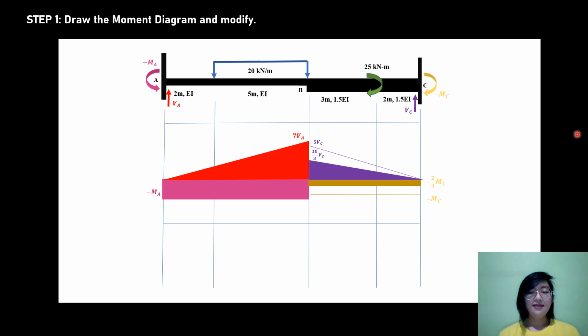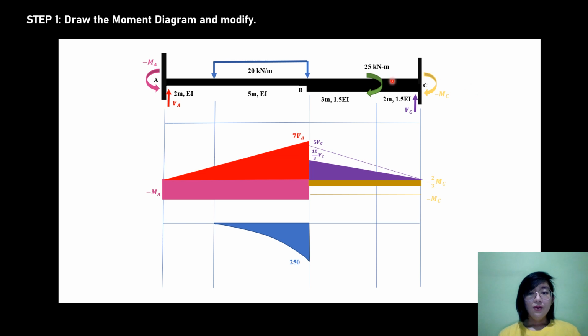Next is yung rectangular load naman natin, this one, the 20 kilonewton per meter rectangular load. So, there. Nakuha natin to na 1/2 times 20 times 5 equals 100. So, sa shear diagram pa lang yun, i-moment pa natin siya, di ba? So, 1/2 times 100 times yung length, which is 5, kaya nakuha natin yung 250.